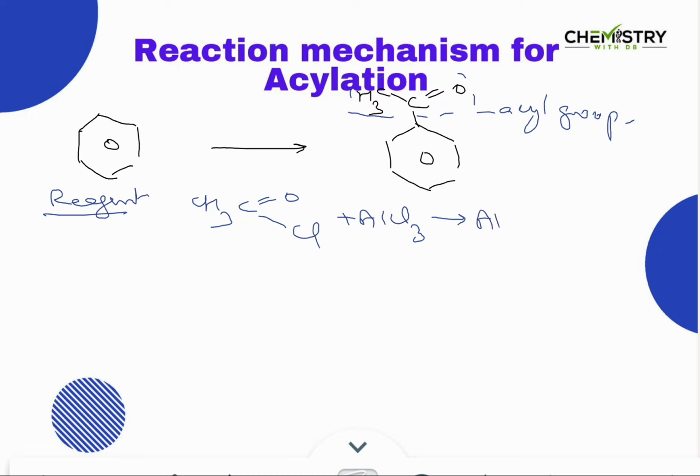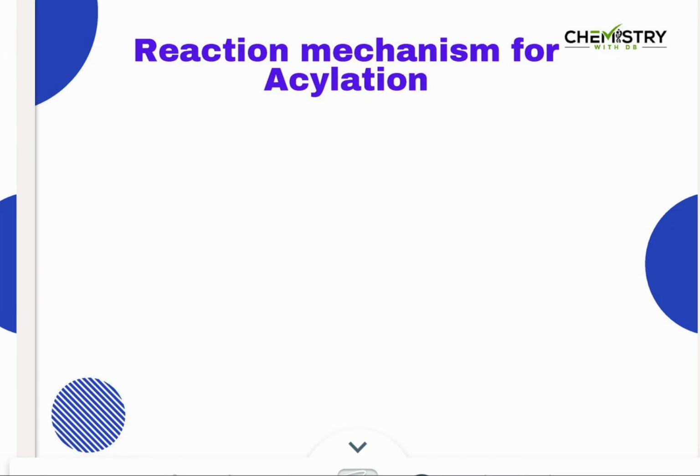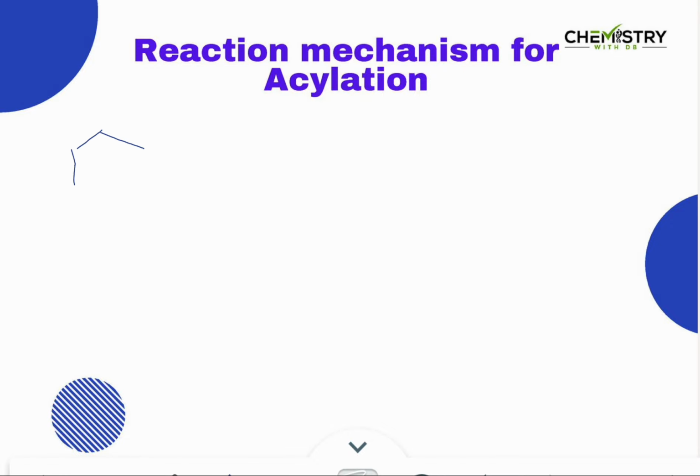This will form AlCl4 minus, and the acylium ion will be generated. So this is the positive ion that we have got. In the second step, this acylium ion is going to attack the benzene ring.